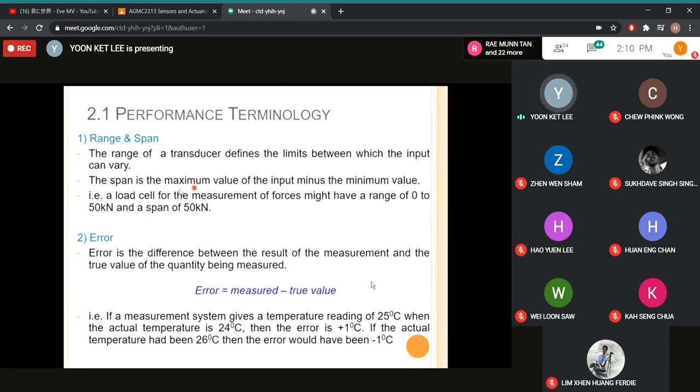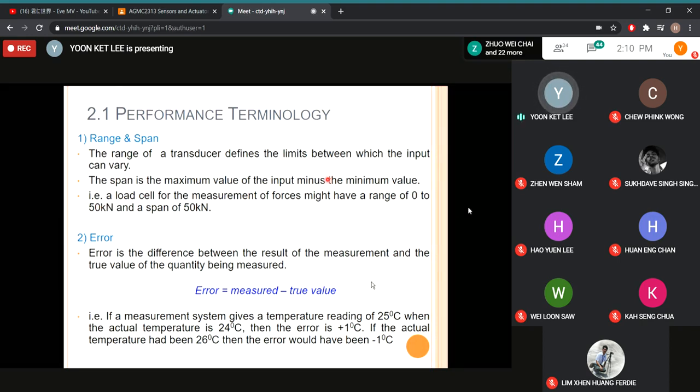The span is the maximum value of the input minus the minimum value. For example, a load cell, also called a weighing sensor, for measurements of force might have a range of 0 to 500 kilonewton.